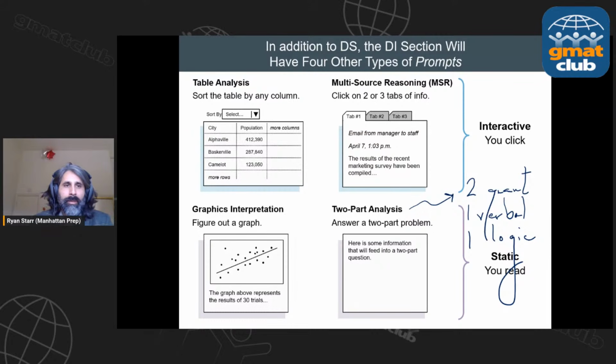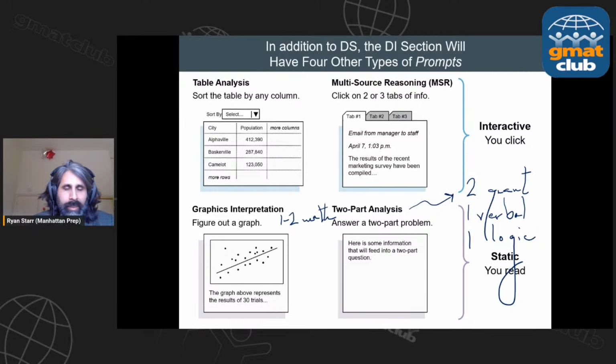Graphics interpretation questions are going to vary between math and logic. You'll have usually 1 to 2 math ones, and you'll typically know them because the math graph questions come with easier looking graphs.